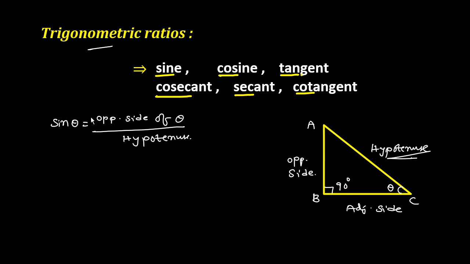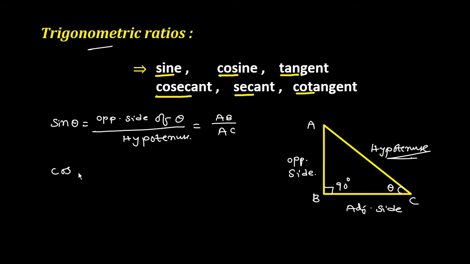It is a ratio of opposite side and hypotenuse. If you look at the figure, the opposite side of theta is AB and hypotenuse is AC.